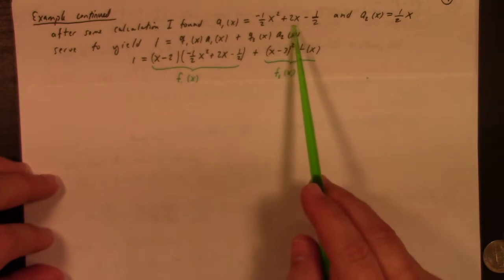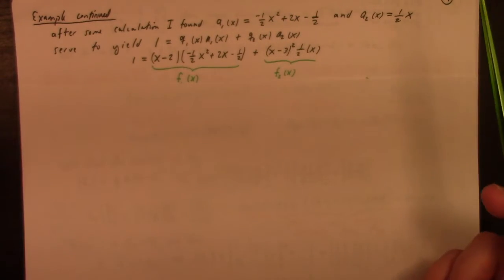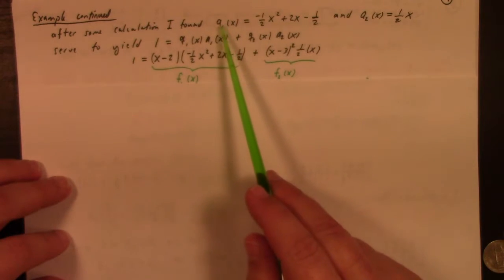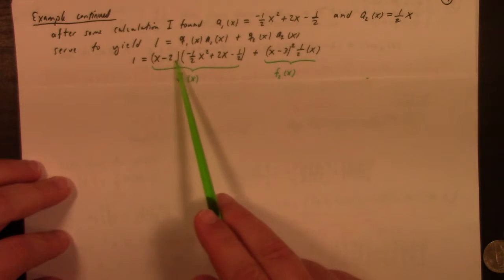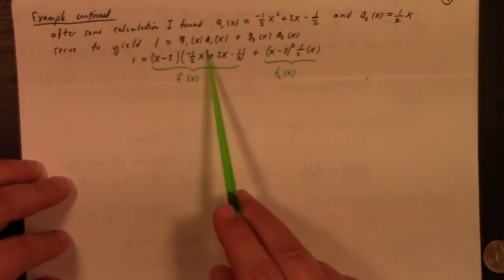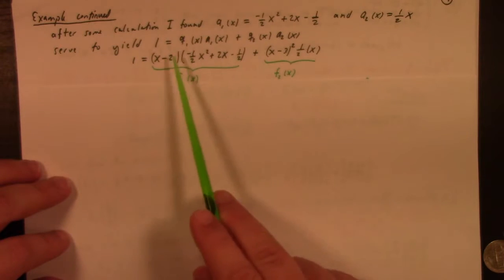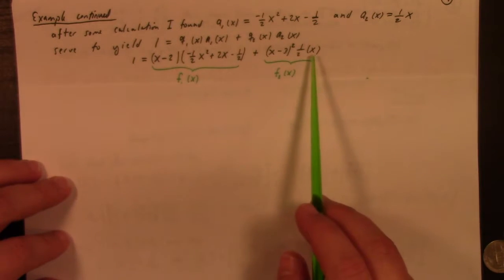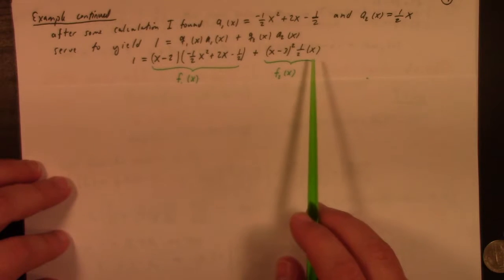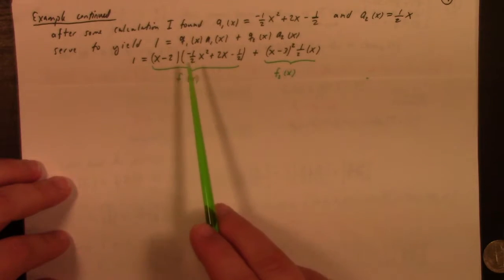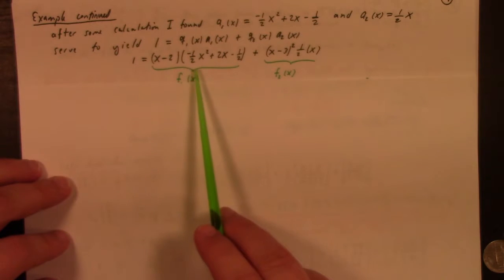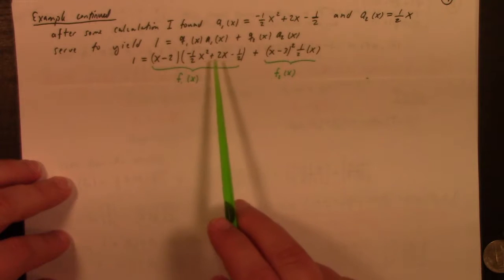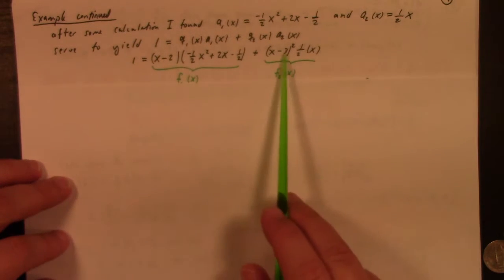This one took me some time to figure out, but after some calculation, I found a1 of x. There's a page of work I'm not showing you here. It's not a terribly glorious page either. I tinkered, and I figured if I want this plus that to be back to 1, I need the cubic pieces to cancel.